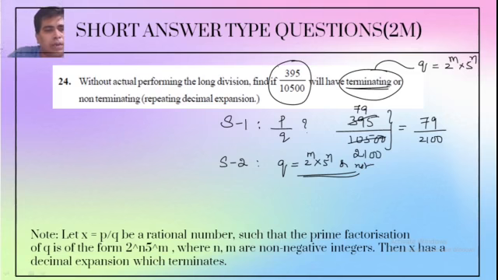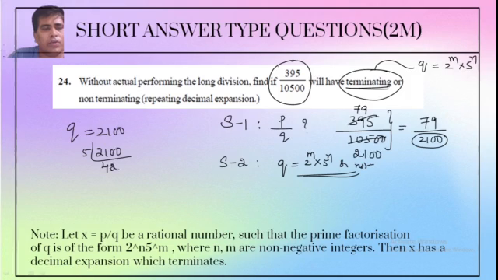So what is the denominator here? The denominator q is equal to 2100. So factorize it. I can go with the 5 table. 5 fours are 20, 1 left out. 5 twos are 10, 0 left.